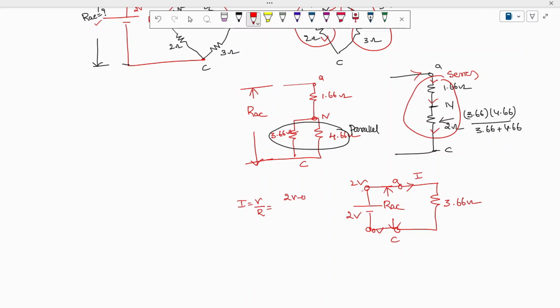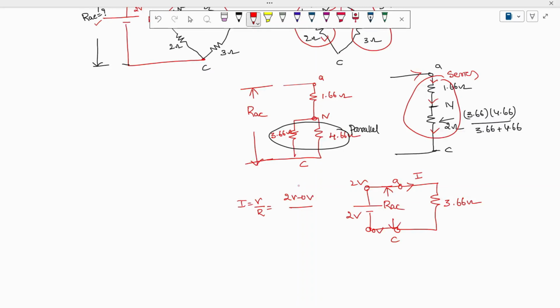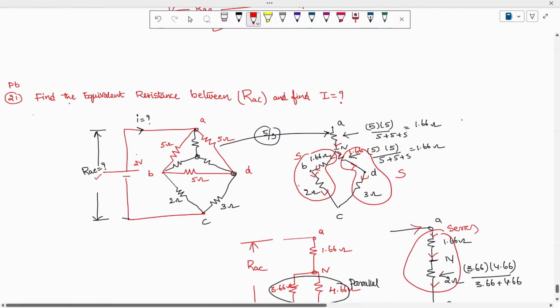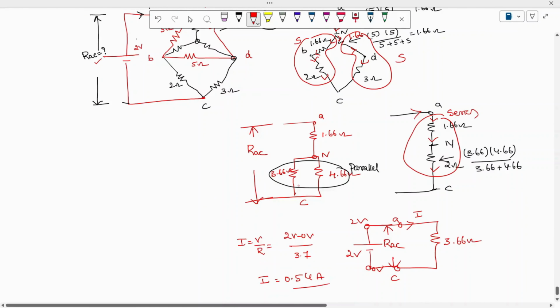So 2 volts minus 0 volts divided by R, that is divided by 3.7, then you are going to get the current as 0.54 amperes. So this is how we are successful in finding out R AC, and the solution is 0.54.